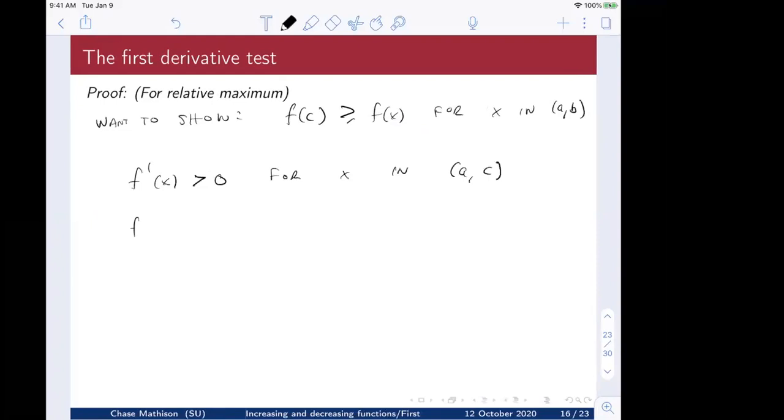And f prime of x is smaller than 0 for x in c to b, right?